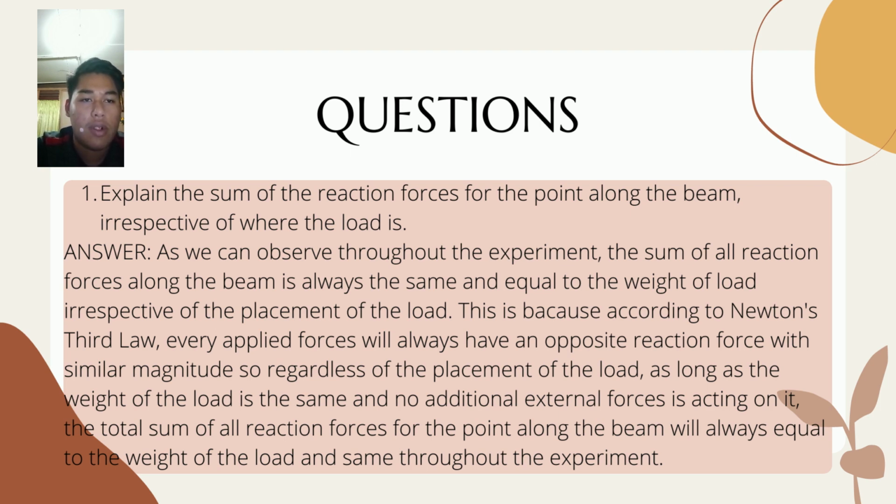So regardless of the placement of the load, as long as the weight of the load is the same and no additional external force is acting on it, the total sum of all reaction force for the point along the beam will always equal the weight of the load and same throughout the experiment.